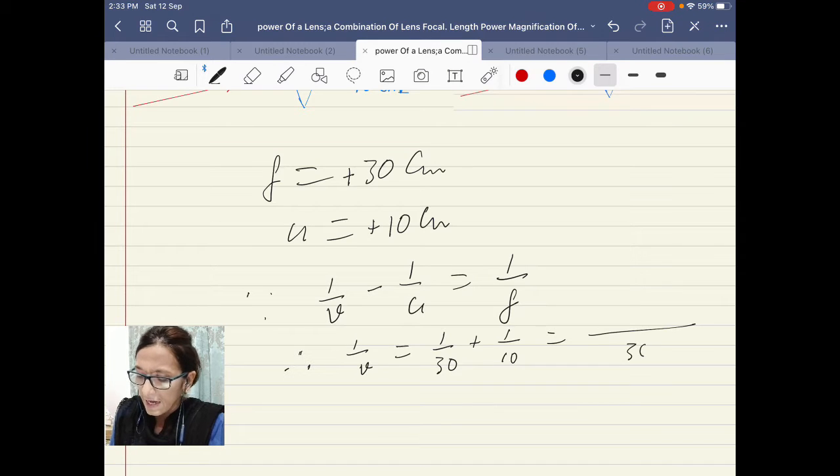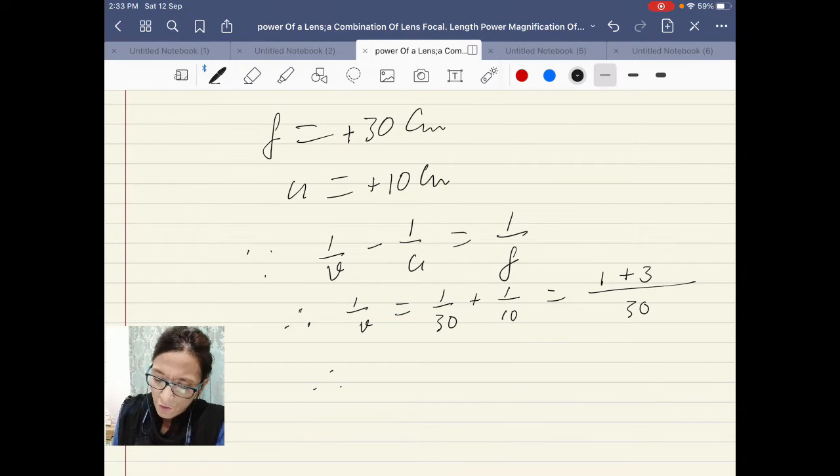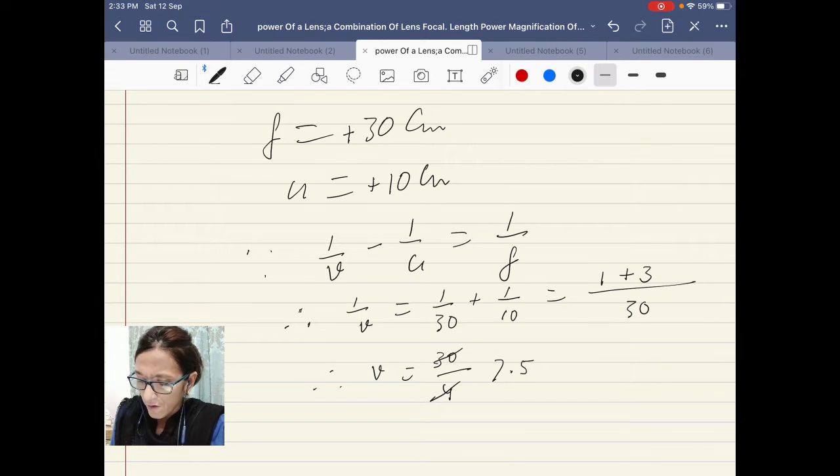So on taking LCM, this is your 30, LCM is 30 and 30 will go one time, plus 10 3 are 30. So therefore v comes equal to 30 divided by 4. 4 7 are 28, 4 5 are 20. Okay. So v comes equal to 7.5 centimeter.